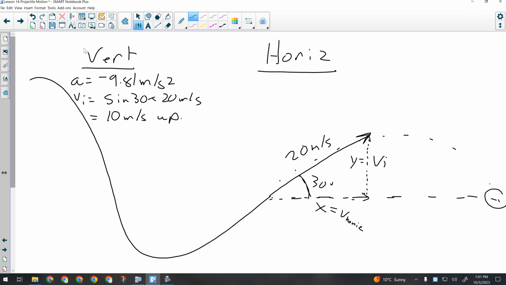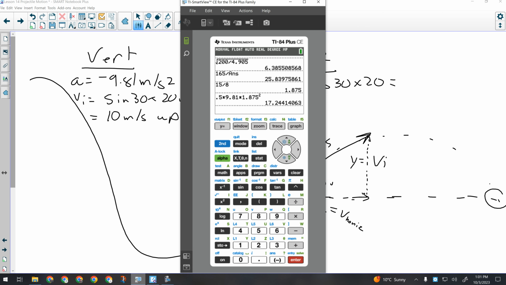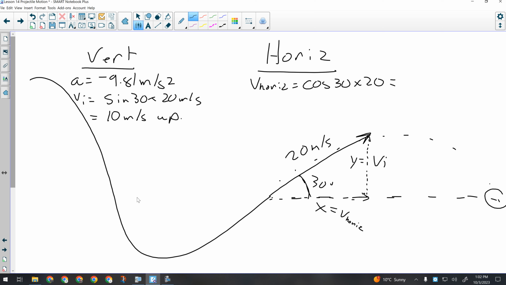I can calculate my horizontal velocity by calculating the x component. So that's the adjacent side. Cos of 30 times 20. 17.321.